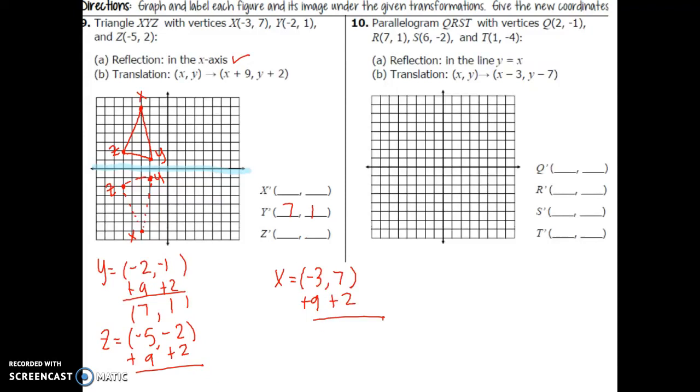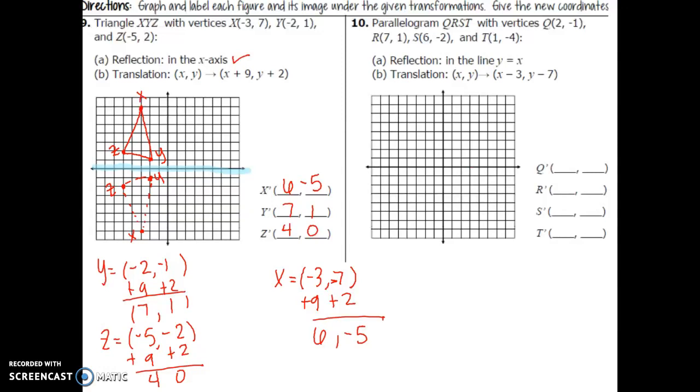For my x, a -3 plus 9, that's going to be a +6. -7 plus 2, that is a -5. So my coordinates for x prime is 6, -5. And then for z, that's -5 plus 9, that is 4. -2 plus 2, that is 0. Our new coordinate points for z prime is 4, 0.